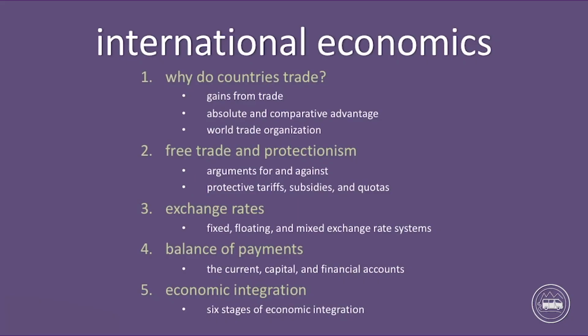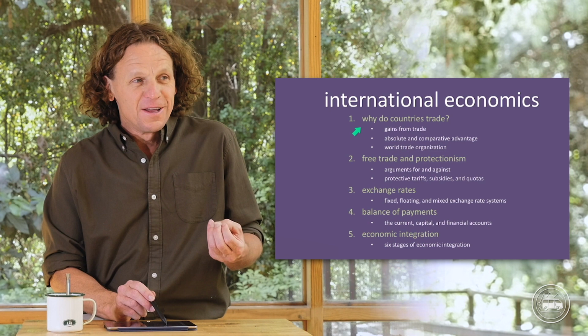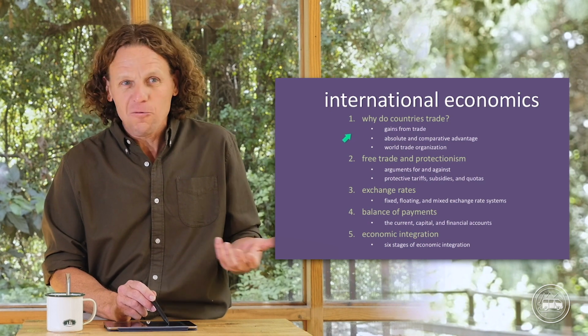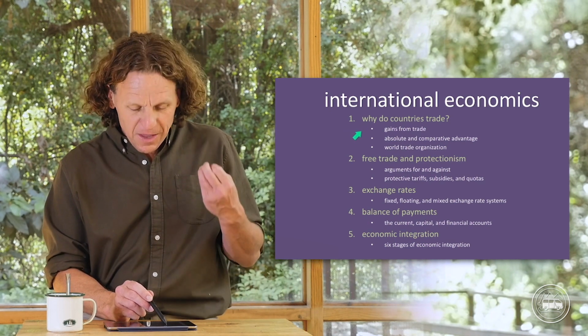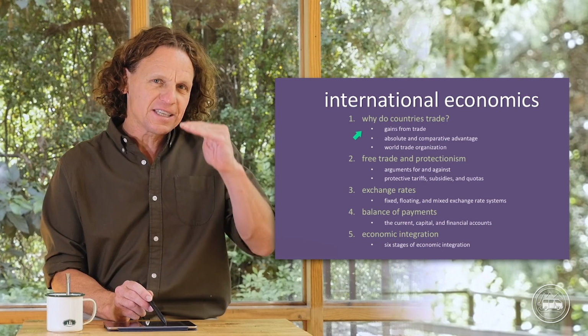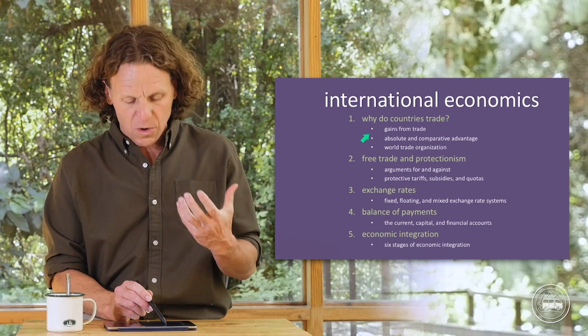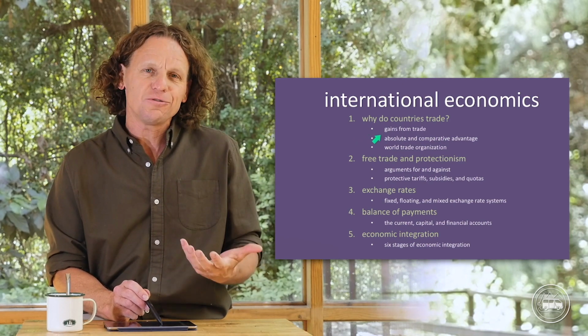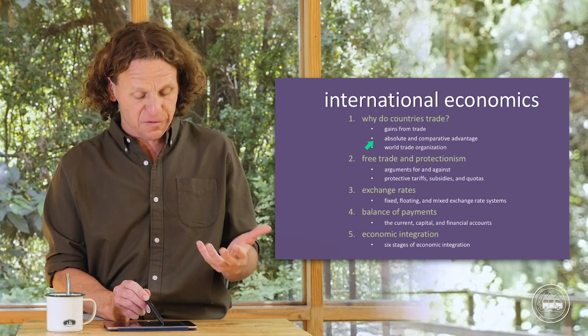There are 5 different units in international economics that we take a look at. The first one is called, why do countries trade? It's just a super interesting little question. That chapter breaks things down in a very clear way to understand why countries benefit, or what the gains from trade are.